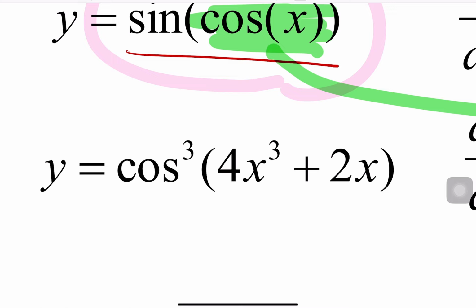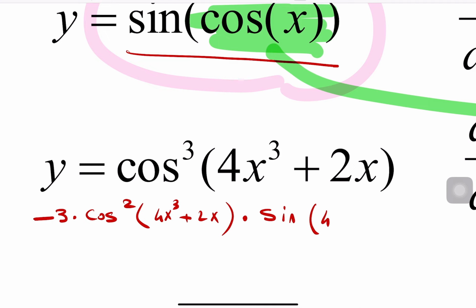Again, we have to find 3 times cosine to the power of 3 minus 1, which is 2, of 4x^3 plus 2x, multiplied by the cosine derivative, which will be minus, I put here minus 3 sine of 4x^3 plus 2x.